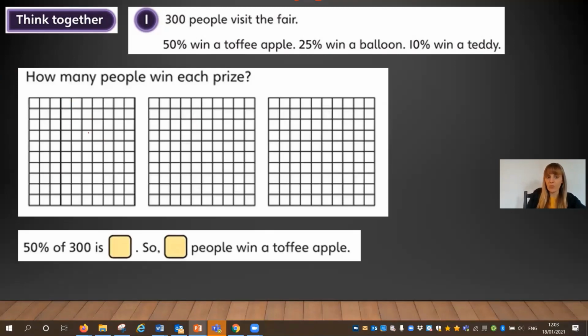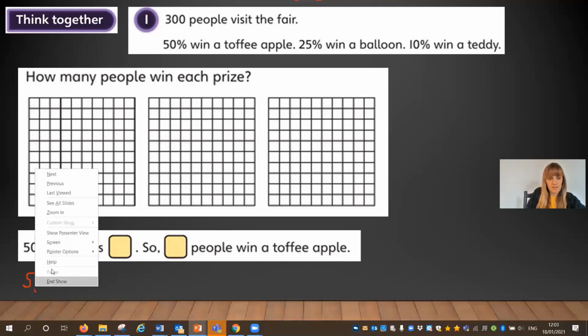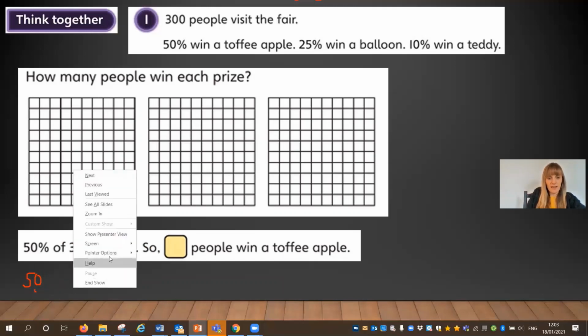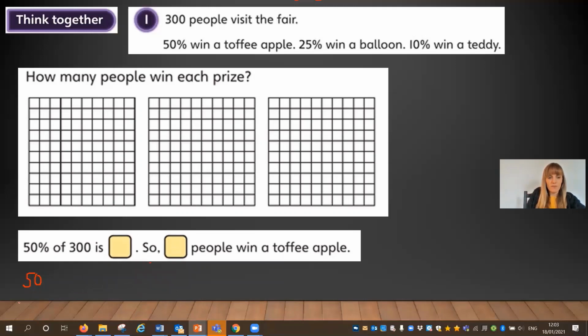Now we know for sure that 50% is the same as 50 out of 100, which is the same as 1/2. So I can either think, I'm going to shade half of each of these, so I could shade half, half, half, and that would tell me how many.